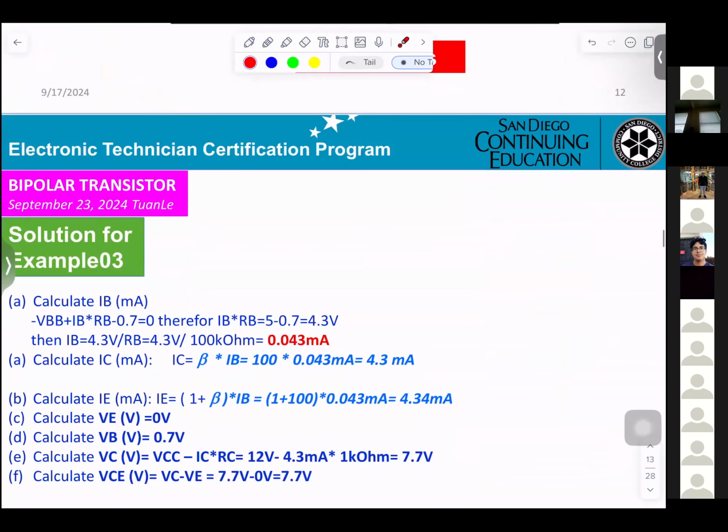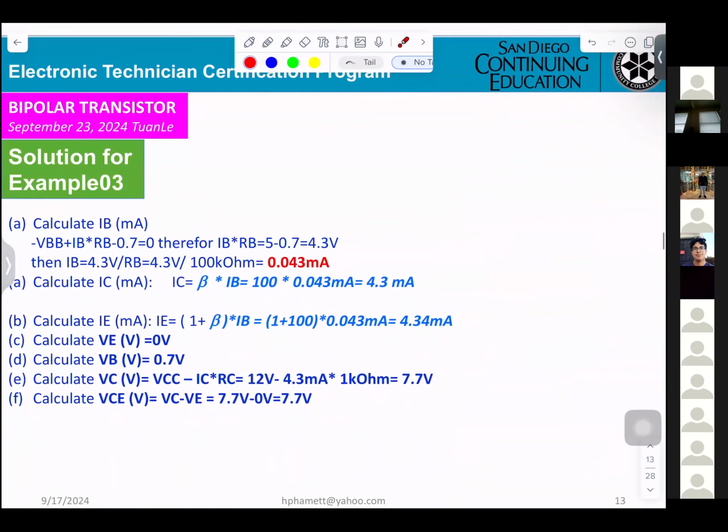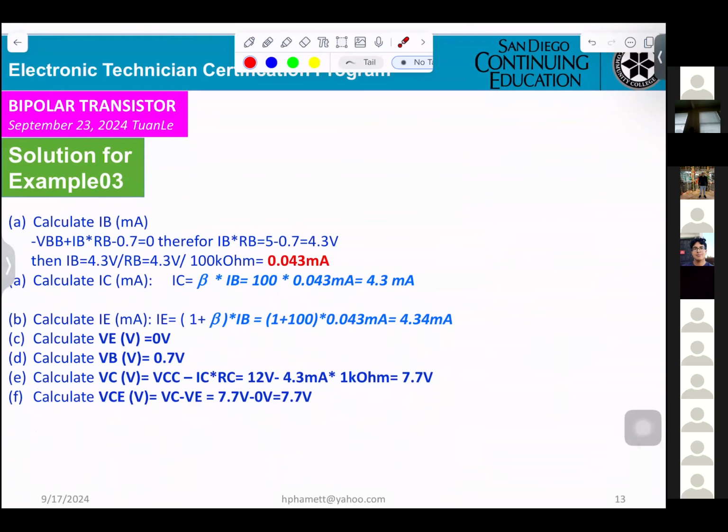Basically in here, they already calculated for you. Calculate the IB. You can go through that.